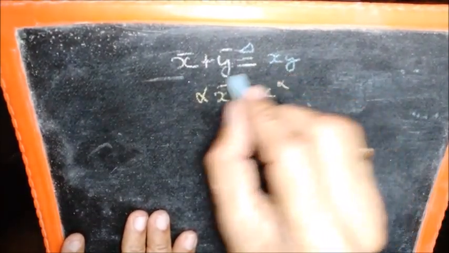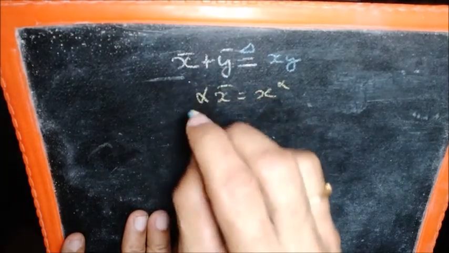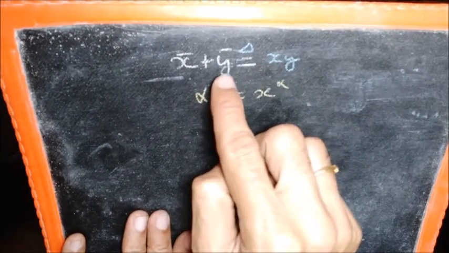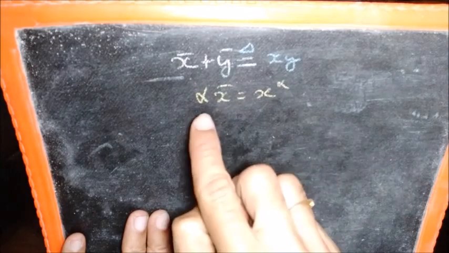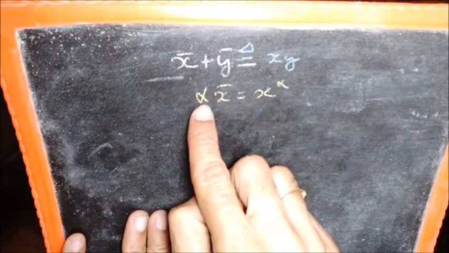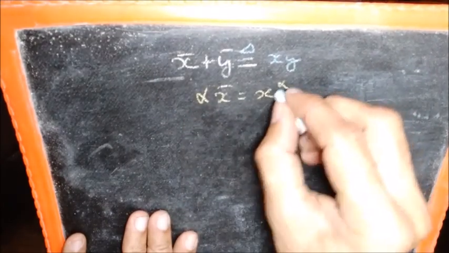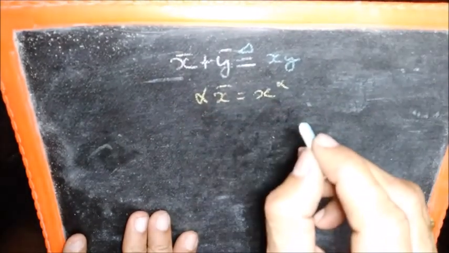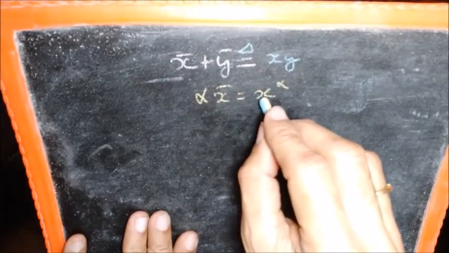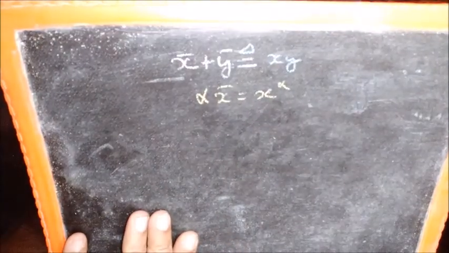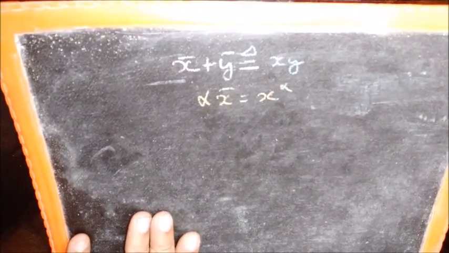There is only one component; though I write the vector like this, it's just a positive real number. y is also a positive real number. Alpha is a scalar which can be negative. And alpha times x is equal to x raised to alpha. That is the way we are going to define it.